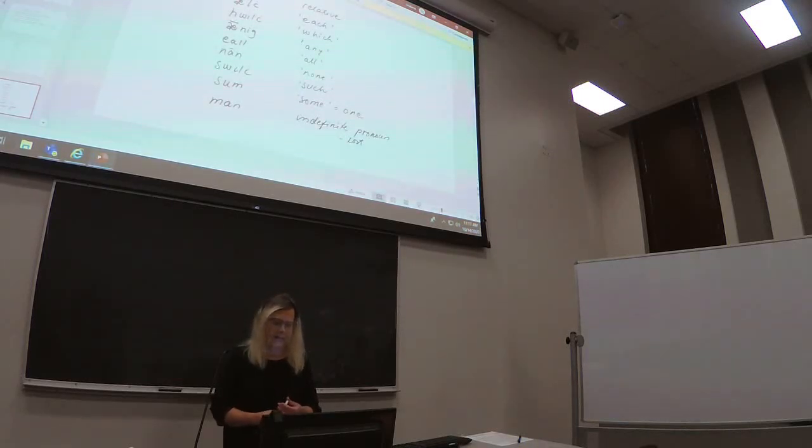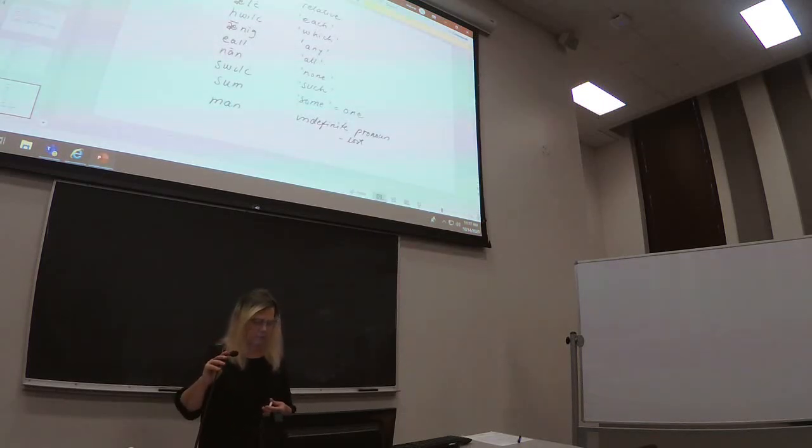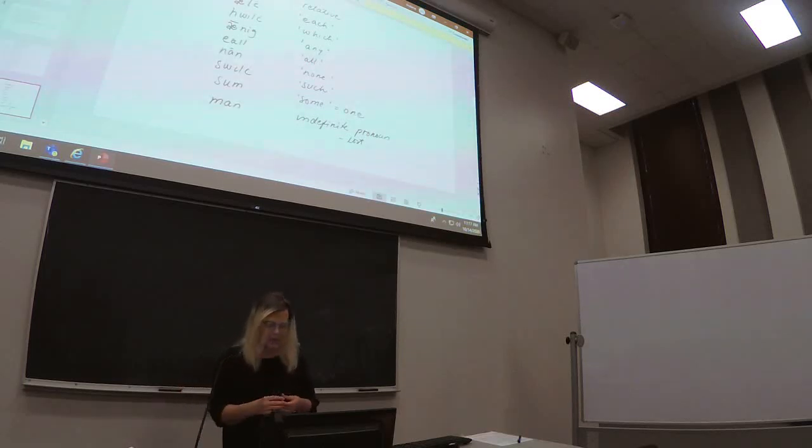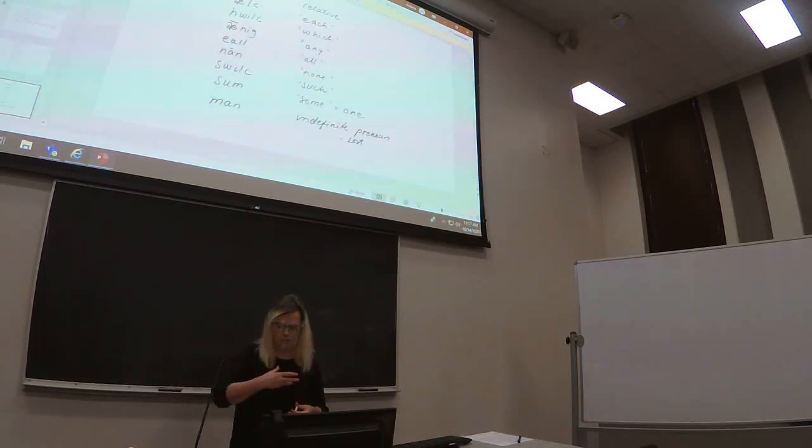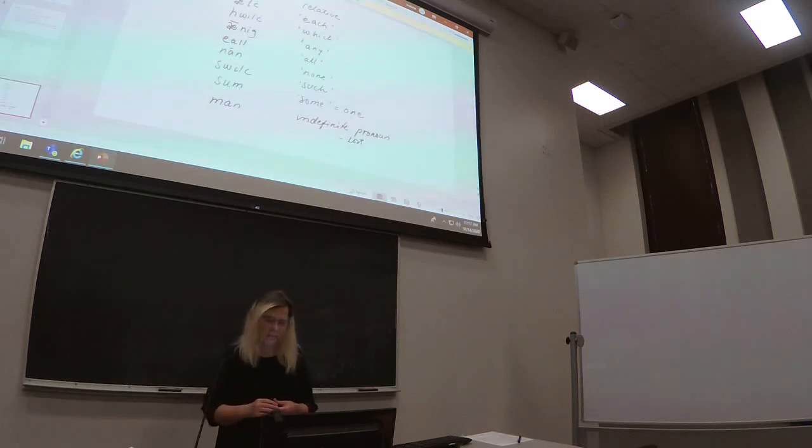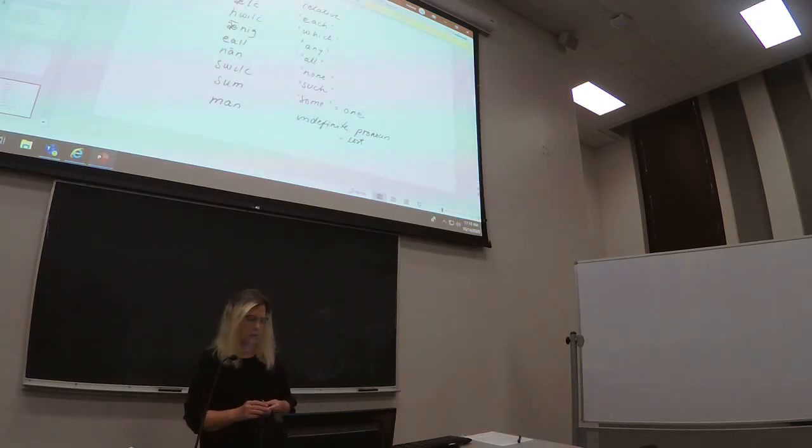So anyway, Old English had a lot of these that very much resemble present-day English words because that's where we get them. The relative pronoun, in present-day English we have a number of relative pronouns like that and which and who, which gets the forms whose and whom.